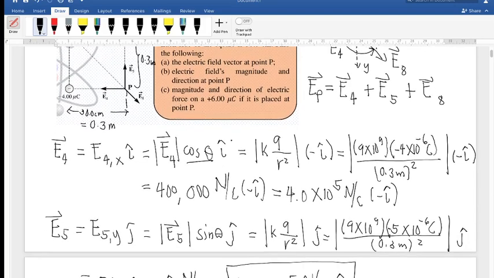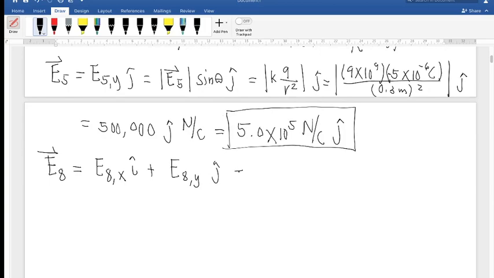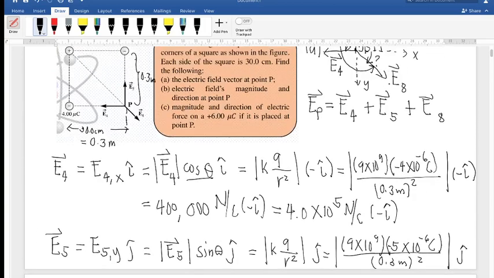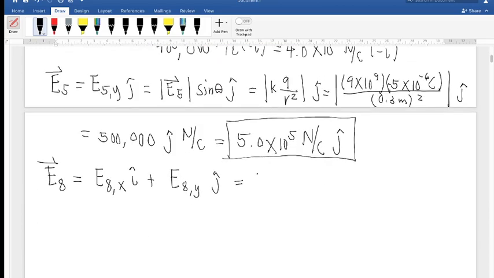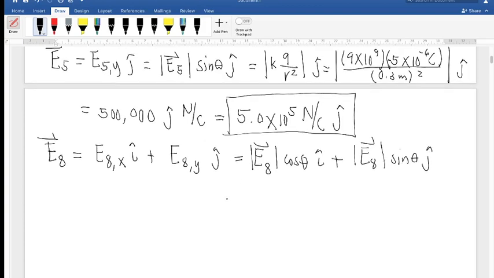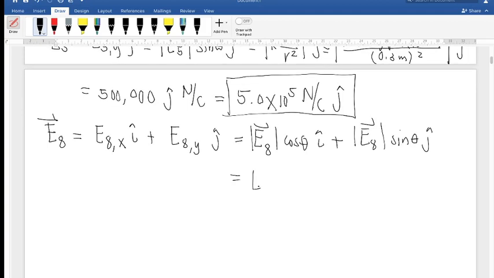So since conventional naman ang angle nato, we can just put it as E8 cosine theta i hat plus E8 sine theta j hat. So can I put E8 outside? Kay since common lang naman siya sa dalawa nga term. So we have here cosine theta i hat plus sine theta j hat.